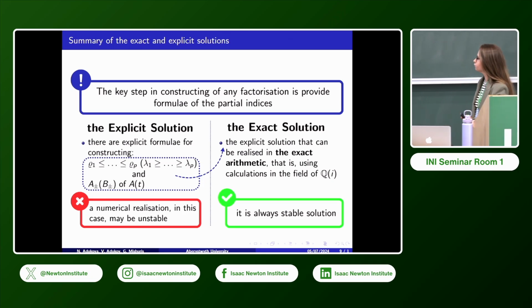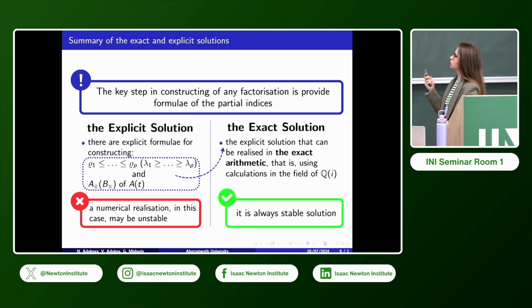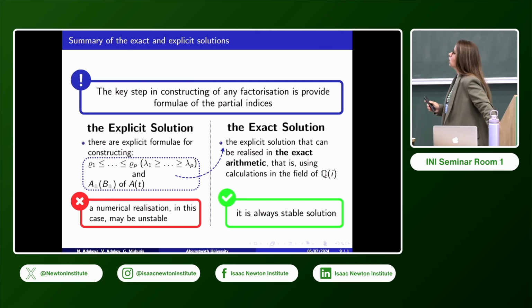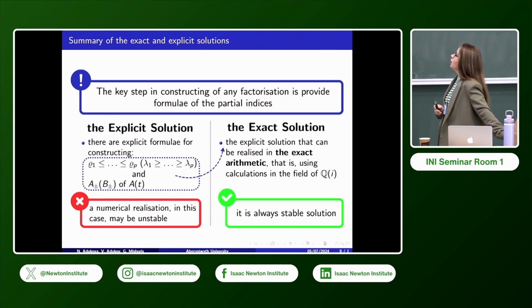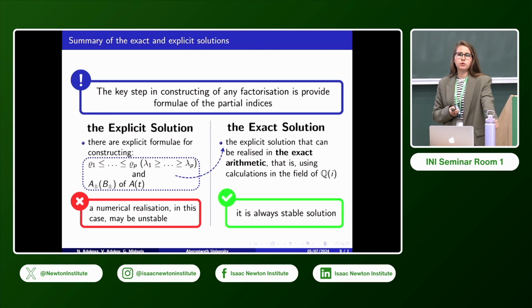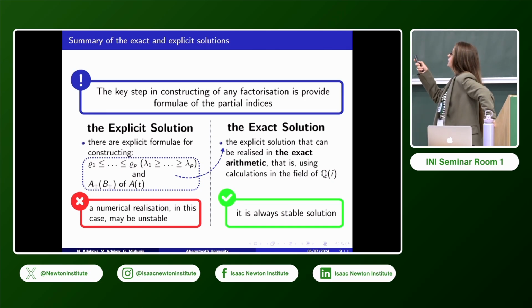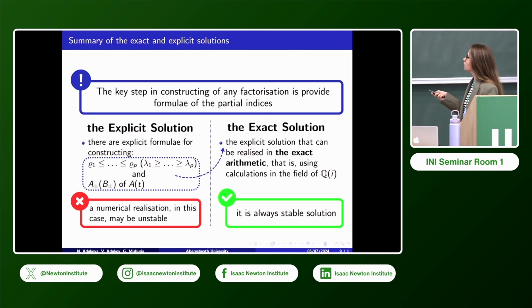And what do we have in the exact solution? We have the explicit formulas for the partial indices and for the factors that were developed by Professor Adukova. And in this case, we realized them in exact arithmetic.